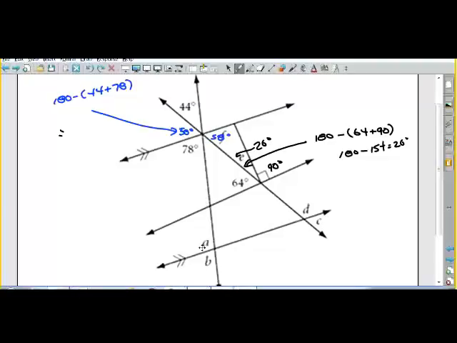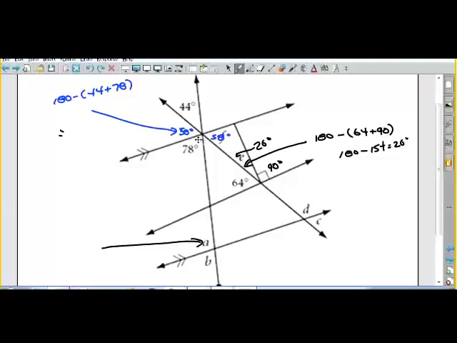Okay, moving on here. Let's see what else we got. How about this angle right here, angle A? You've got a line here, and these two lines are parallel. Can I find an angle up here that corresponds to this angle down here? Here's the transversal, and here's the parallel line.